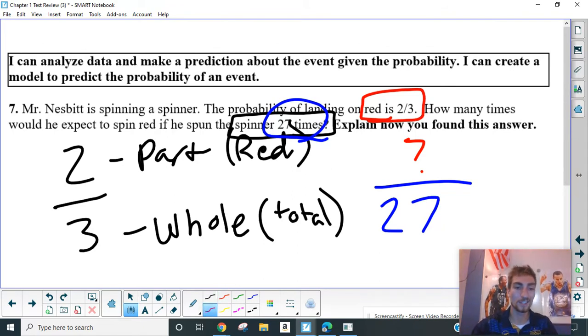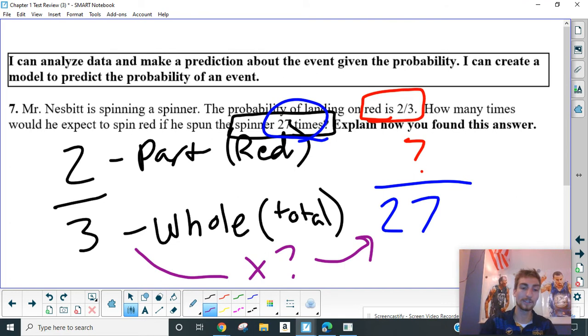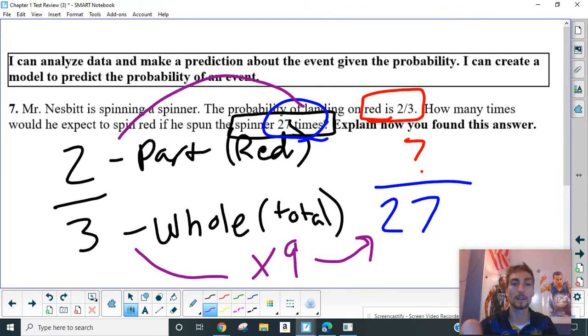And so if I want to change this to out of 27, I would need to say, what am I multiplying 3 by to get to 27? Well, see, 27 divided by 3 will give me that answer. And that is 9. 27 divided by 3 is 9. So if I have to multiply by 9, then I have to multiply my numerator by 9 as well. And so that's going to give me my answer of 18.